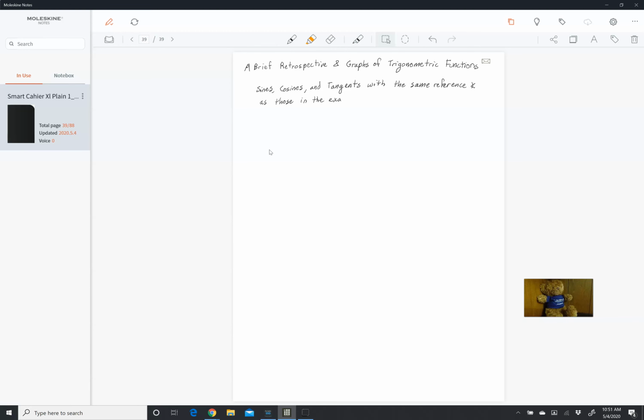So when we introduced the exact value chart, we were saying, well, once we know the sines, the cosines, and the tangents of reference angles, then we also know the sines and the cosines and the tangents of any angle that has the same reference angle.